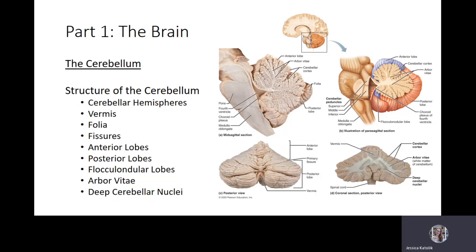If you can say it, record it and send it my way. I've never been able to get it quite nicely, but we have the anterior lobe and the posterior lobe and this alphabet soup of a lobe. All right, and deep within the folia, we have the deep cerebellar nuclei. Okay, so that's the anatomy of the cerebellum.